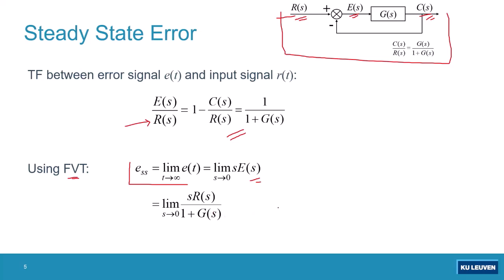And once more, this steady state error will tell us how good our system is, how good our air conditioning system is. If we have a good air conditioning system, the steady state error should be equal to 0, which means when the steady state condition is reached, C should be equal to R.